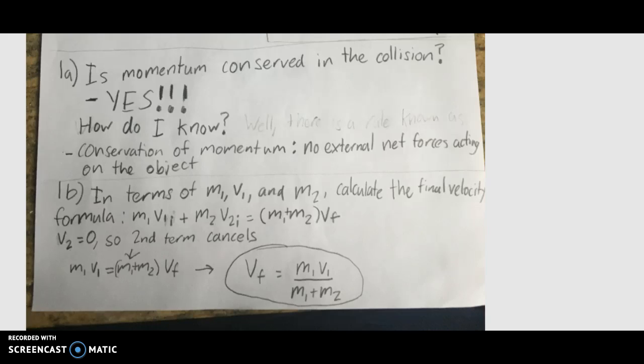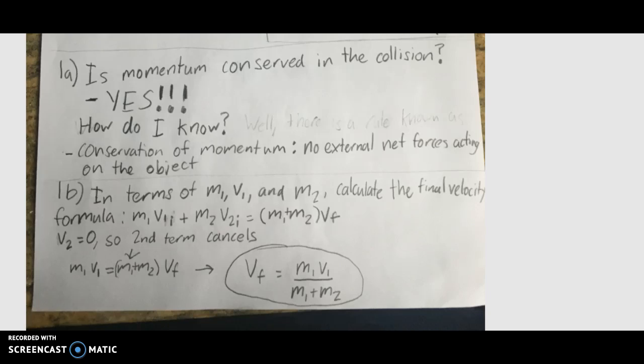1b. In terms of m1, v1, and m2, calculate the final velocity. Again, we see the formula m1 times v1 initial plus m2 times v2 initial equals m1 plus m2 times vf. Remember how I said to remember that v2 is equal to 0. The second term cancels because m2 times v2 initial is 0.